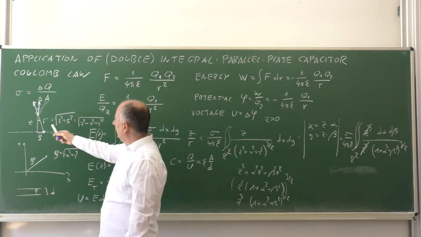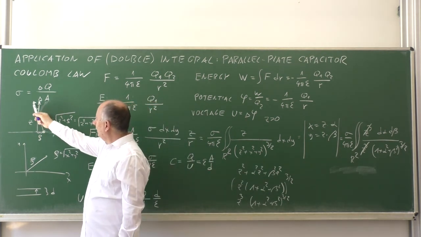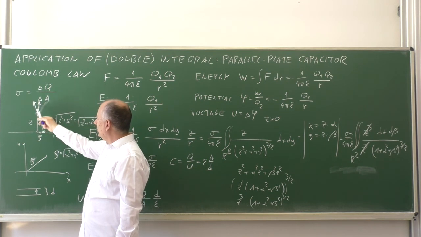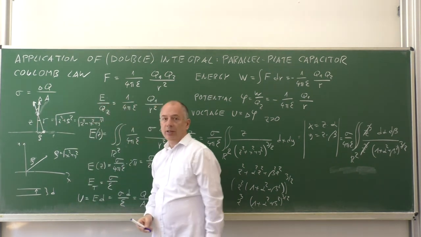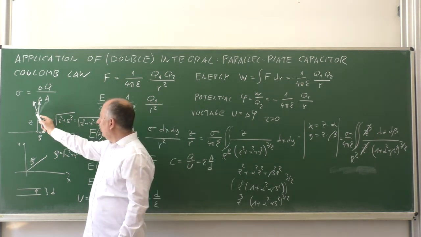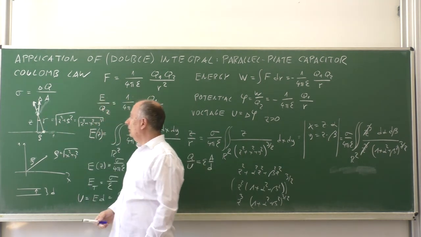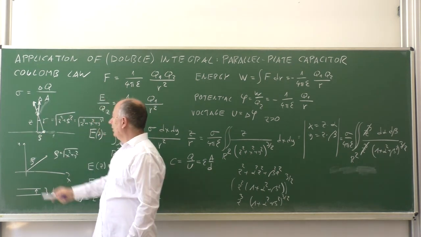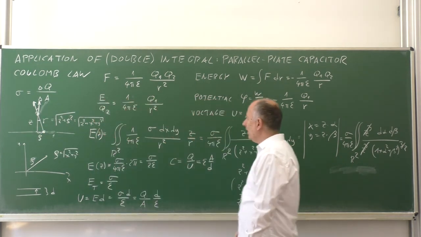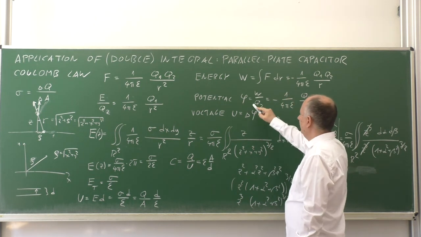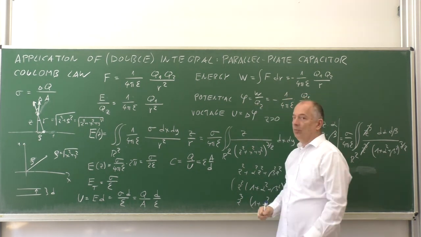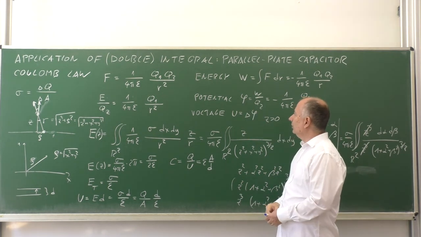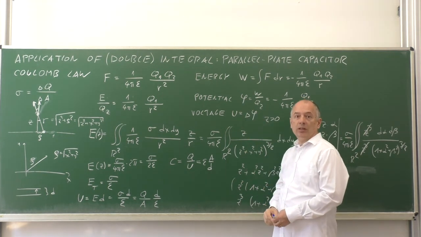This was here when we considered that this vector has only the important component in the vertical direction, because its component in the horizontal direction will be cancelled with another vector from this source. If we consider potential, this is a scalar function, and we don't have to consider any direction, we can just add all the contributions of all these pieces in the plane.